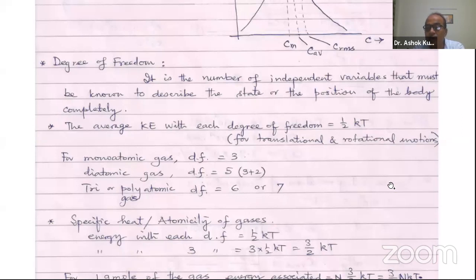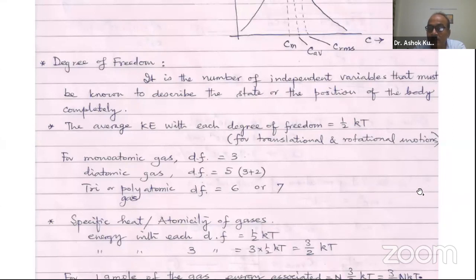Think about the 3rd degree of freedom. The axis is passing through the line joining the 2 atoms itself, that means it is parallel to the plane of the screen. The rotation would be along this axis, but here the distance of the mass from the axis of rotation is again 0, because the axis of rotation is passing through the center of mass.